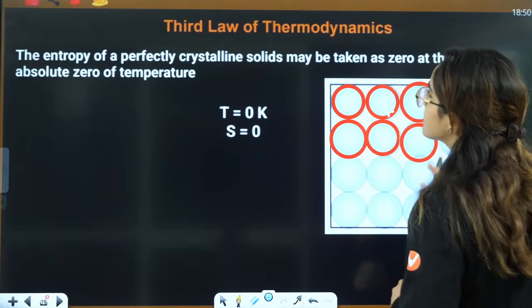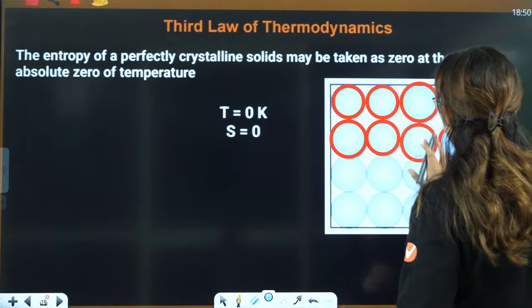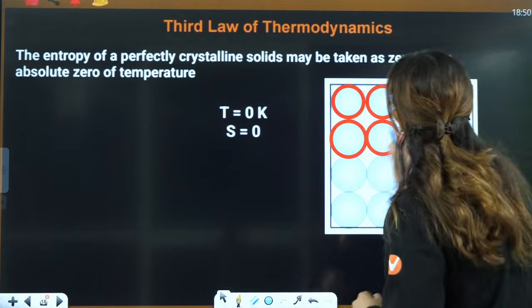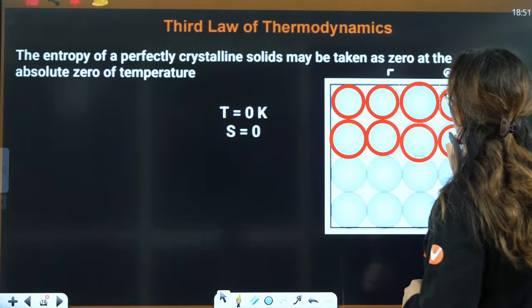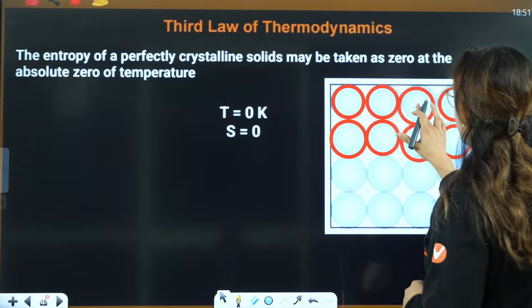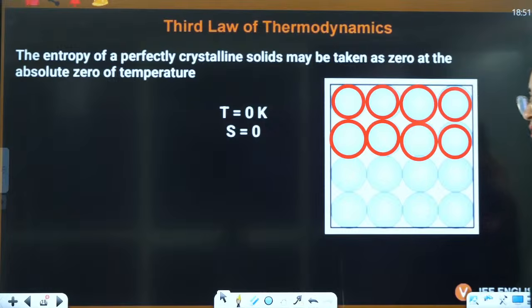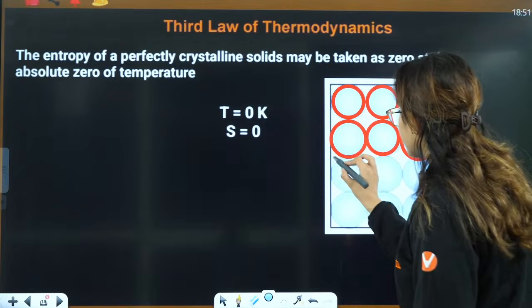This is a lattice. This is a perfectly crystalline lattice. Wait a minute. Let me make it perfect, guys. This is a perfectly crystalline lattice. Perfectly crystalline means all the atoms are beautifully aligned. That is a perfectly crystalline lattice.